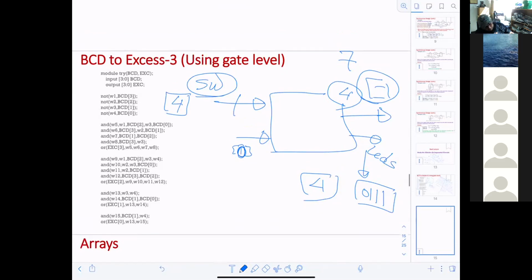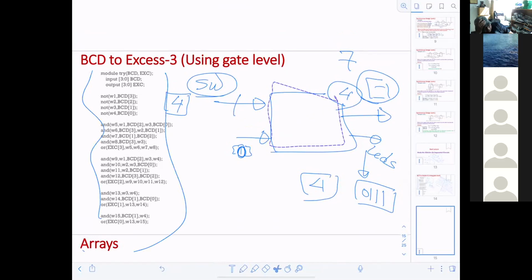Again, I want to build a circuit using this model. What it does is the following. I have a box in front of you. The input of it is 4-bit switches, and the output will be represented on the 7-segment display and an LED, the 1 digit that we are learning so far.